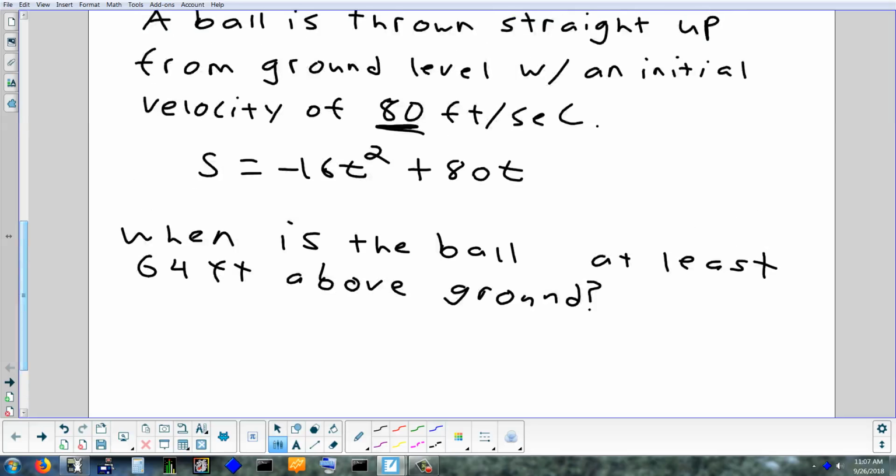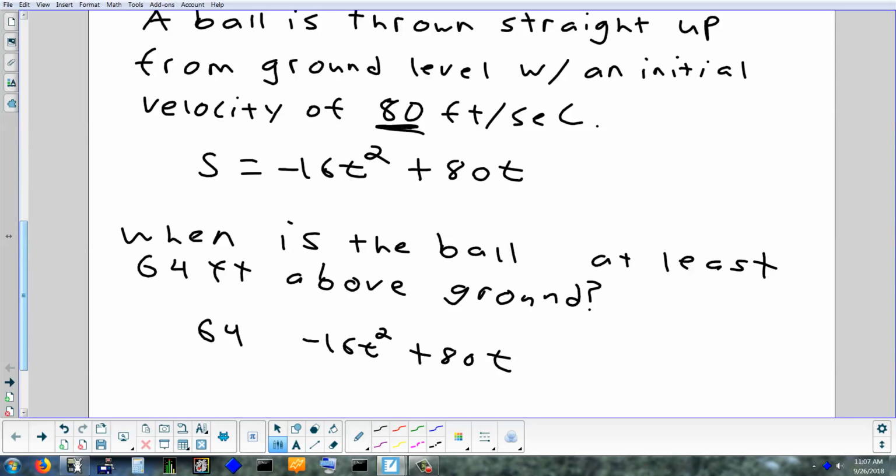The height, yeah. And what letter in that equation represents the height? S, yeah, we used S. So I'm going to do 64, and I'm going to go negative 16t squared plus 80t.